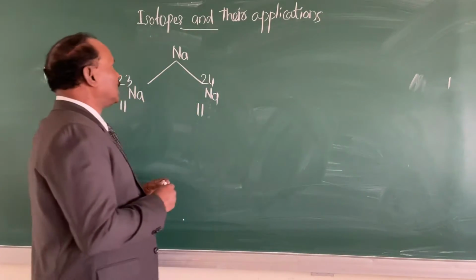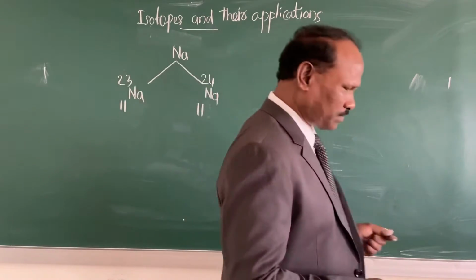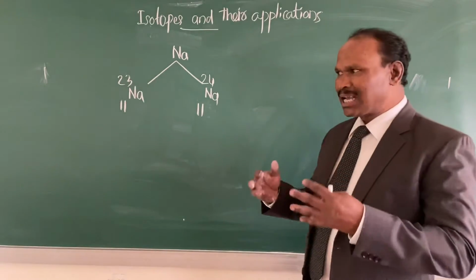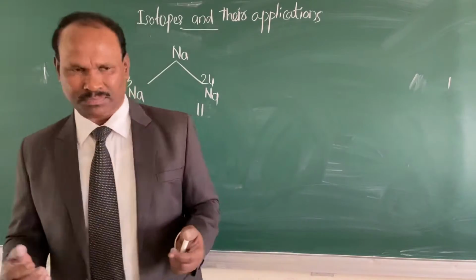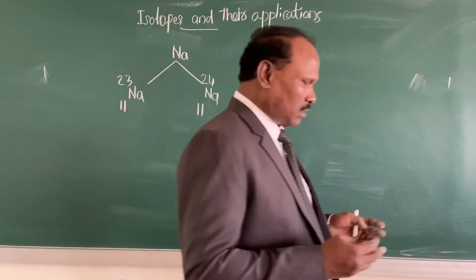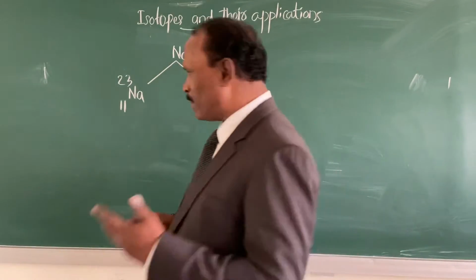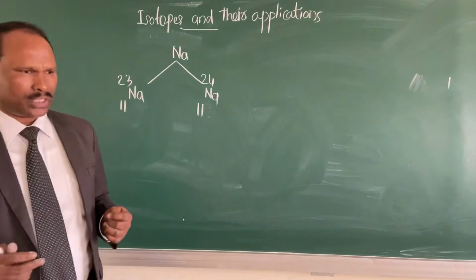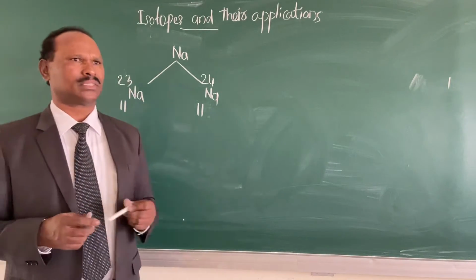Now, what are the applications of these isotopes? Where are they used? The first application of nuclear isotopes is in the medical field. You know very well, cancer is a dreadful disease.